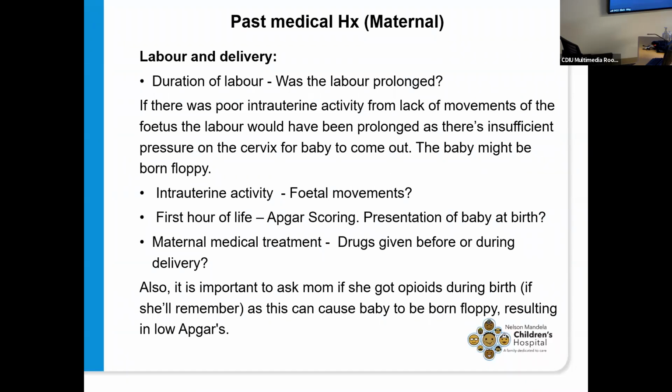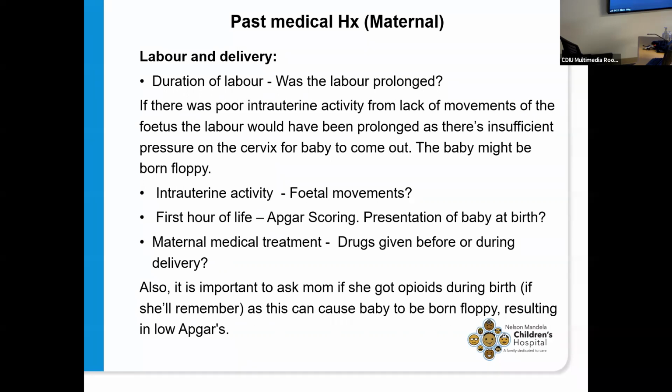Okay, so this is where we're going to get to the past medical history, the maternal history. With labor and delivery, we're going to ask the duration of labor, was the labor prolonged? And then uterine activity, and how was the baby during the first hour of life.